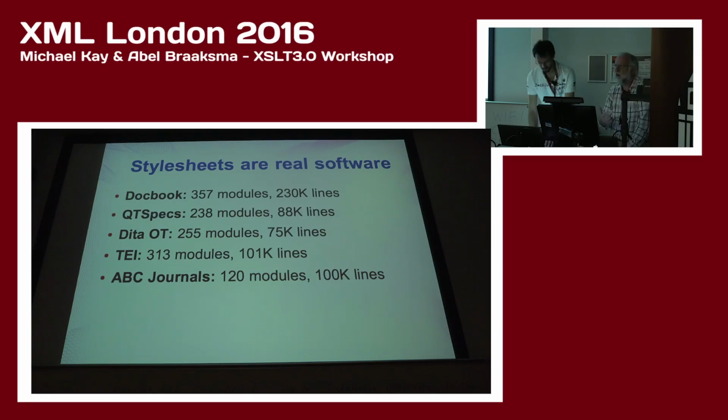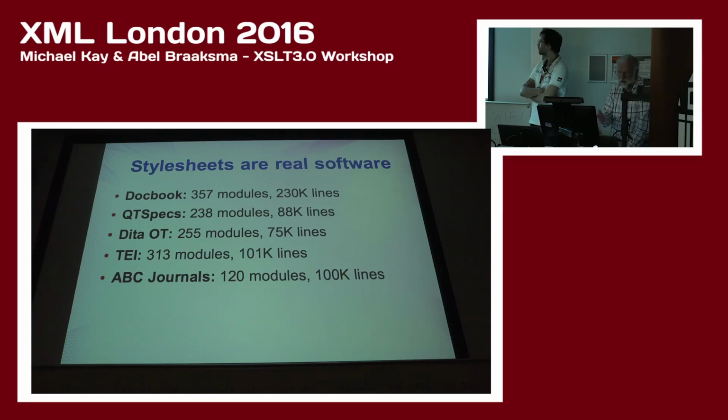So the first thing is to understand that style sheets, the name is a misnomer. DocBook is not a style sheet, it is a substantial piece of software. These figures are probably a bit out of date. I collected them a couple of years ago, and they might well have grown substantially since.